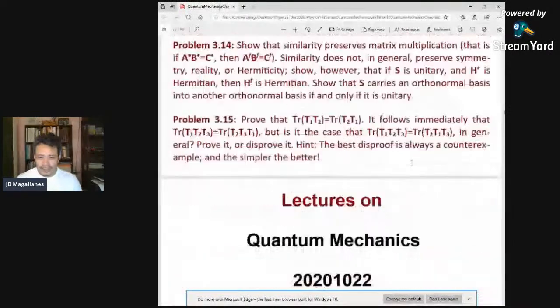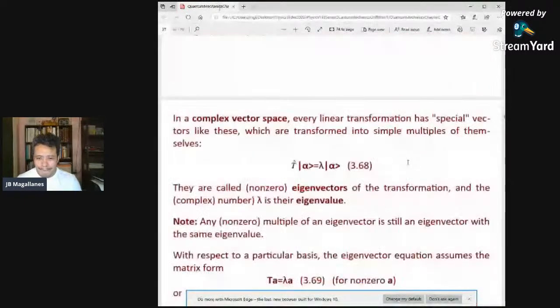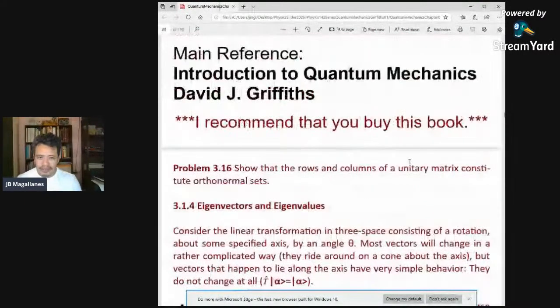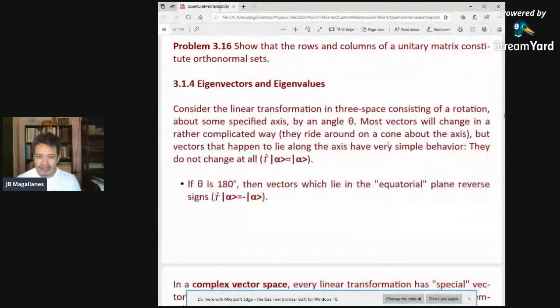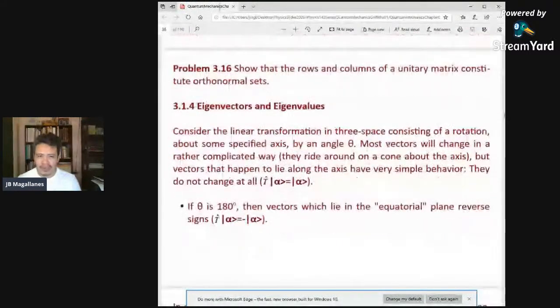So let's now proceed with eigenvectors and eigenvalues. These are characteristics of a matrix.